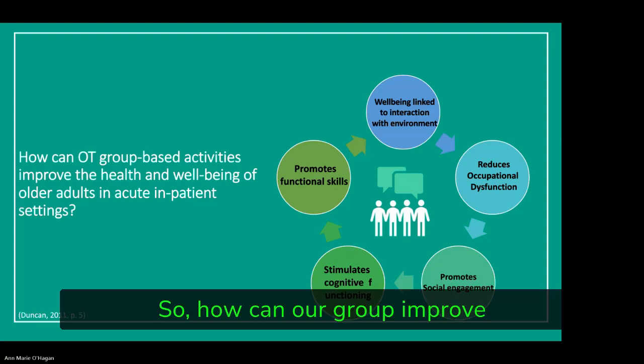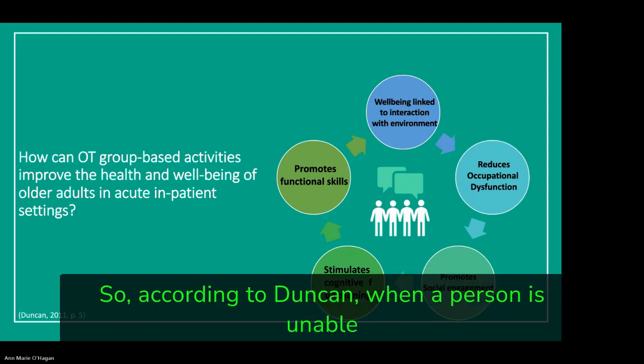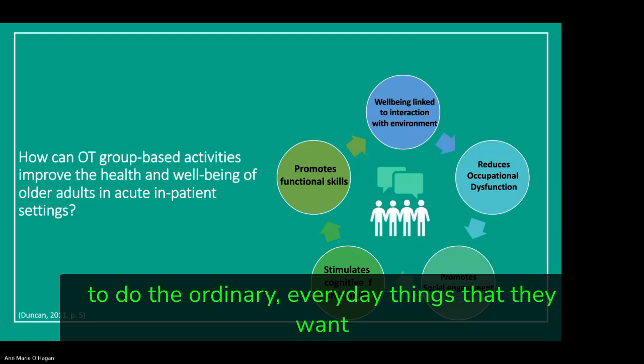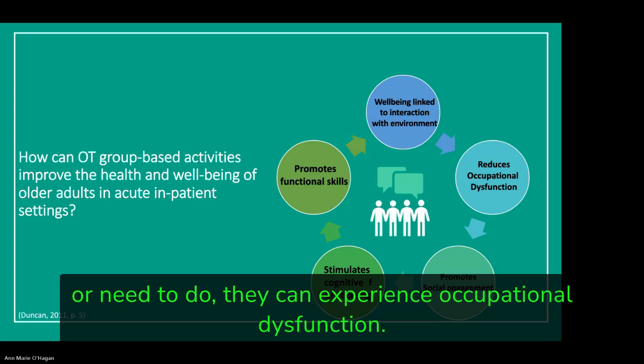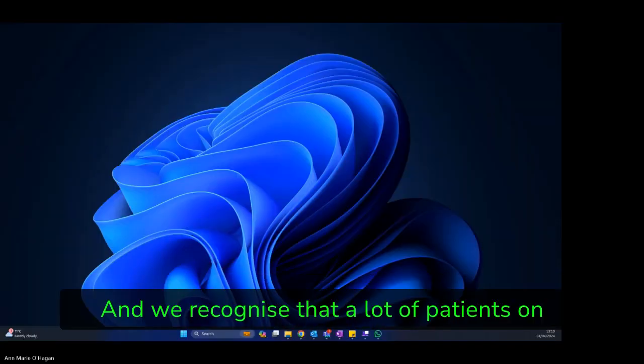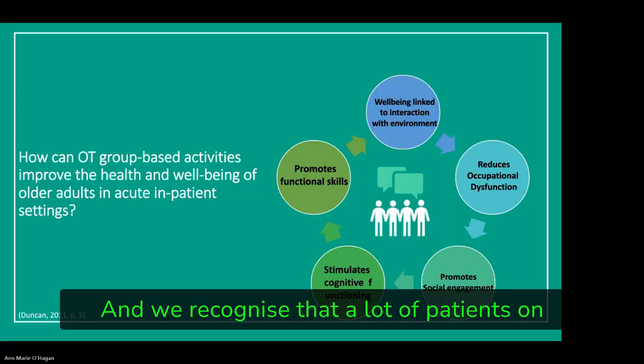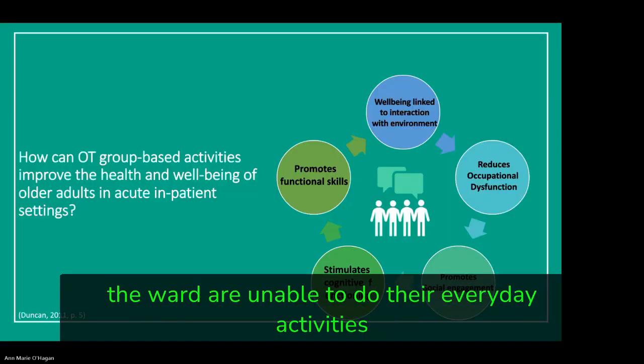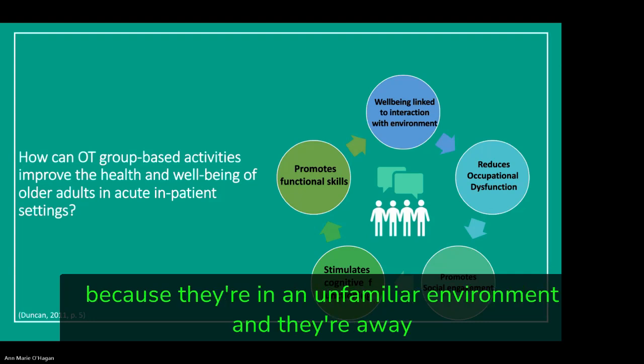So how can our group improve health and well-being in older adults? According to Duncan, when a person is unable to do the ordinary everyday things that they want or need to do, they can experience occupational dysfunction. And we recognise that a lot of patients on the ward are unable to do their everyday activities because they're in an unfamiliar environment.